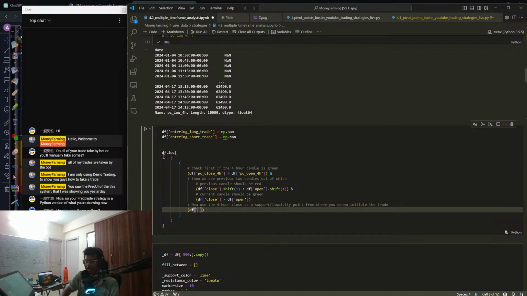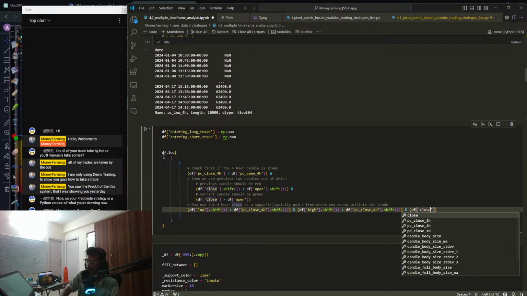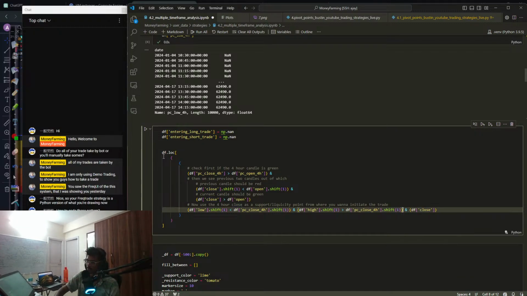I want the low of the previous candle to be below the previous candle close 4-hour, and the high of the previous candle should be greater than the previous candle close 4-hour. You can also do shift here. It doesn't really matter where the close is, to be honest.